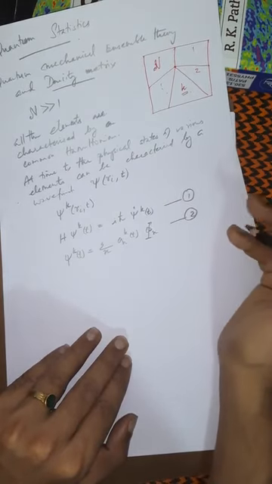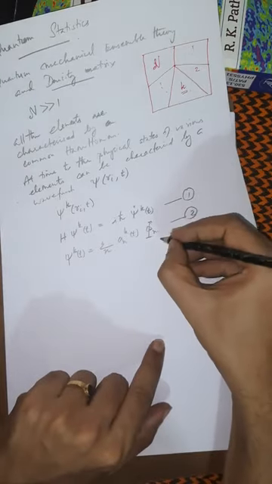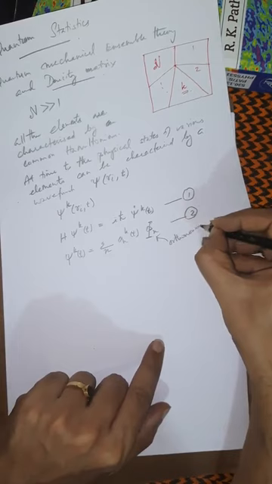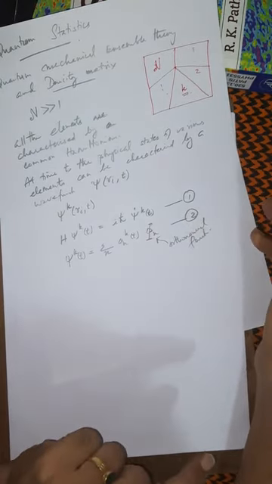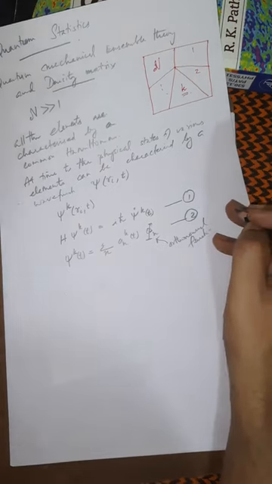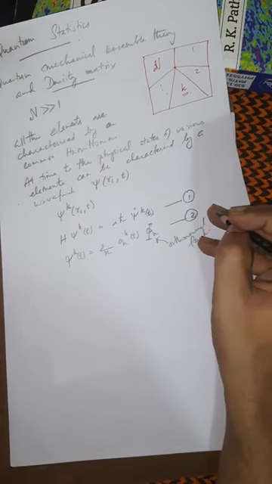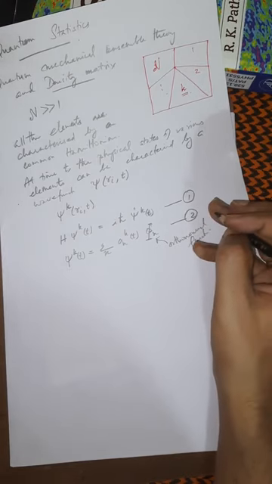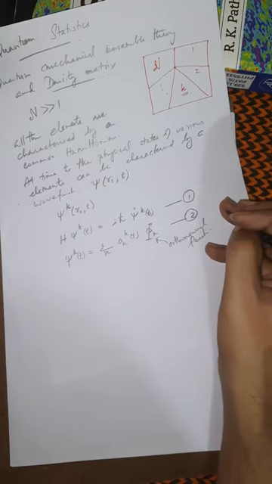Here phi_n is the orthonormal function. What does an orthonormal function mean? If a wave function is orthogonal and normalized, that wave function is called an orthonormal wave function, right?